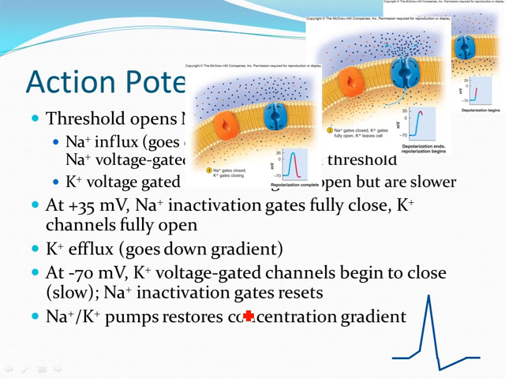And what did we talk about with the sodium-potassium pump? It pumps 3 sodium and 2 potassium. 3 sodiums out and 2 potassium in, restoring that concentration gradient that we started off with. Does that make sense?